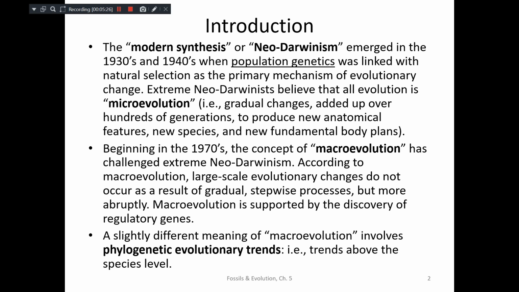Microevolution always advocates slow and steady gradual changes over hundreds or thousands of generations. Whereas macroevolution says that large scale evolutionary changes, if they have to happen, will happen abruptly.